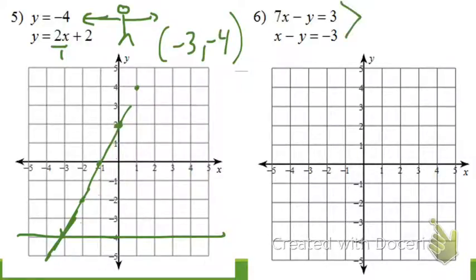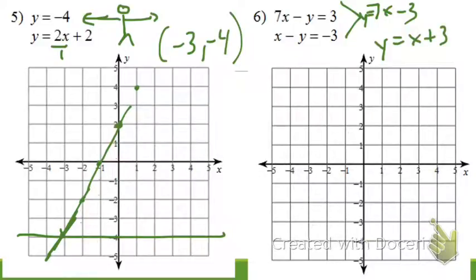This one you need to solve both of the equations. I'm going to pause it and let you solve it, and then I'm going to put the graph on there. So this is y equals 7x minus 3, and this one should be y equals x plus 3.